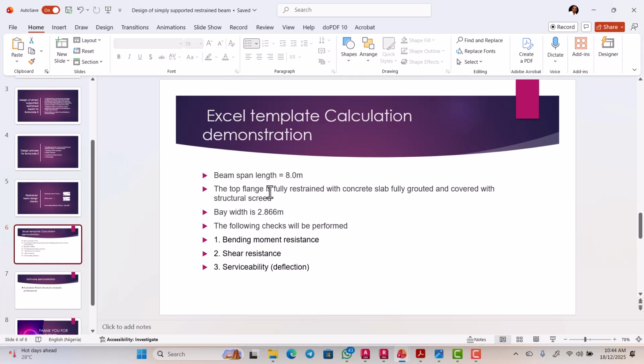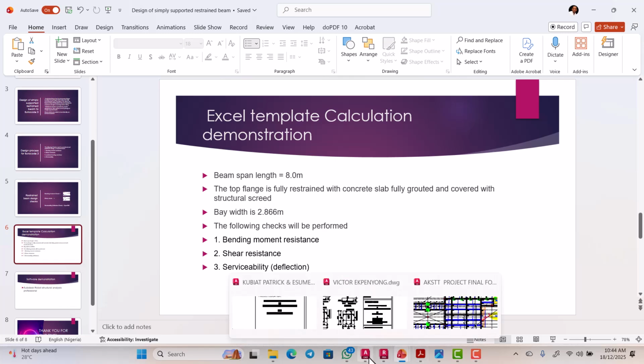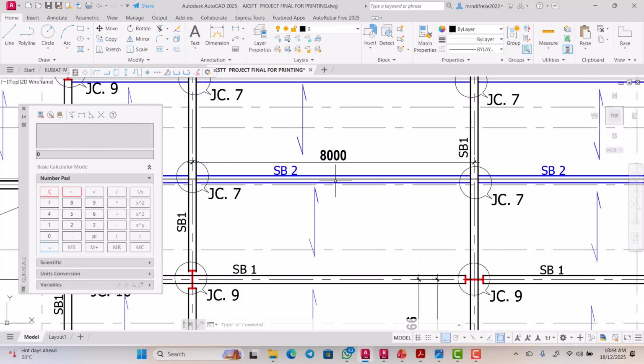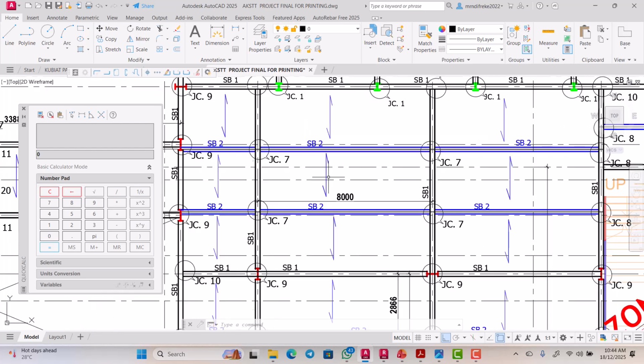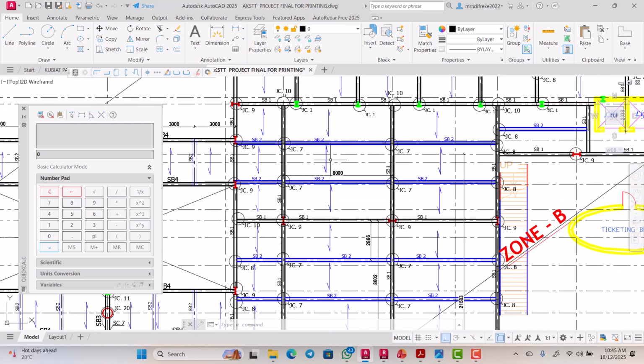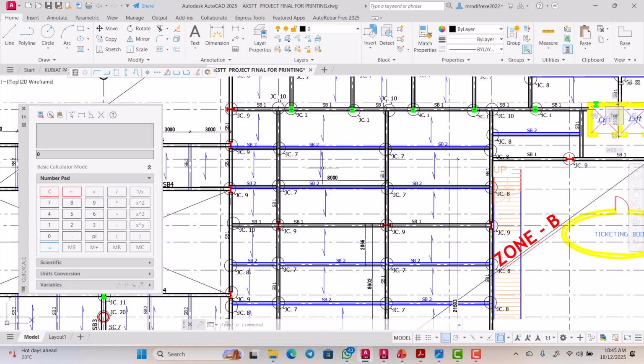The top flange of the beam is fully restrained with a concrete slab, fully grouted and covered with structural screed. When you look at this drawing, you will see that here we have a slab, and the slab is spanning in this direction. This is the direction of the main reinforcement.